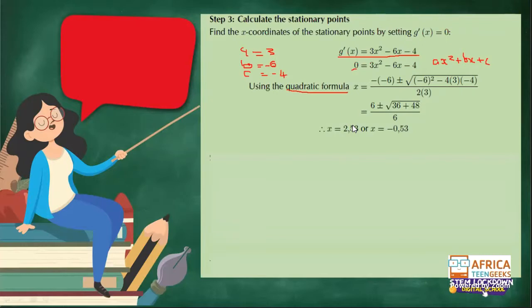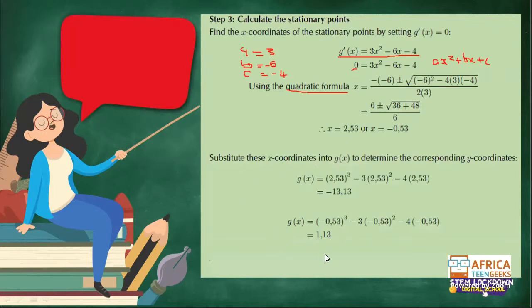Okay. And then you substitute into your quadratic formula, and then you find your x values at your turning point. Remember, after you find your x values, you go back to the original function, not the derivative, original function.